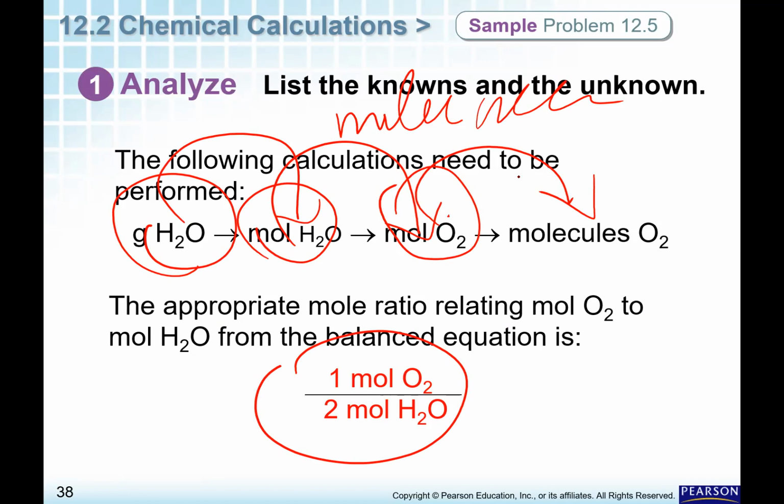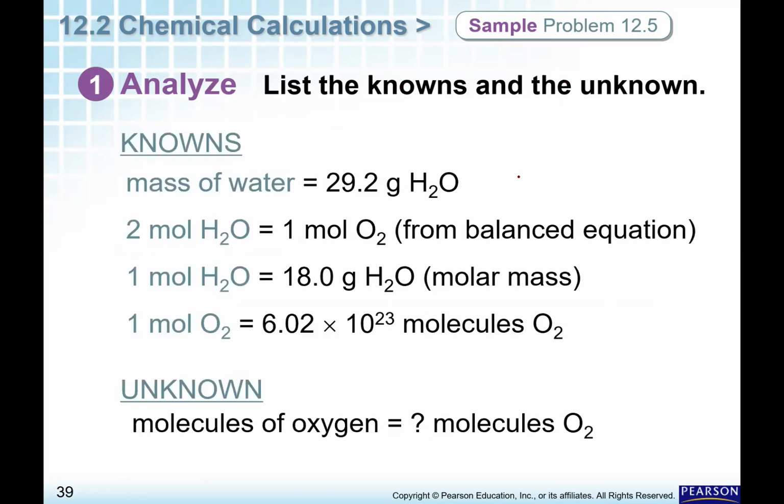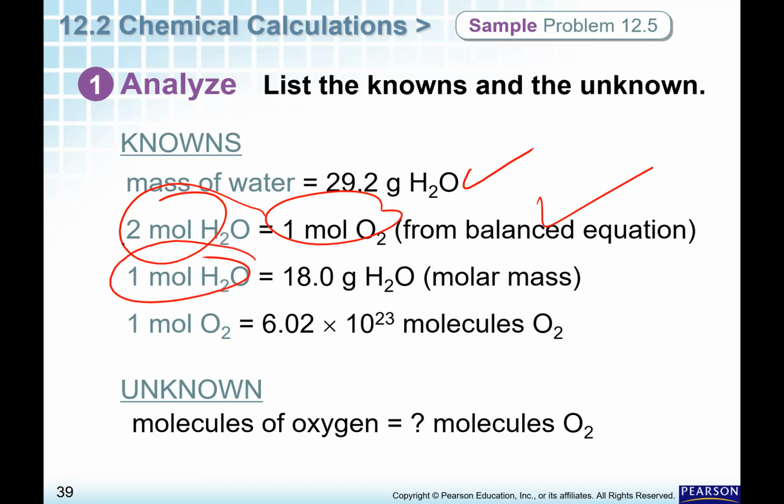So the information that is known to you is, first of all, that we have 29.2 grams of water. You know that 2 moles of water produces 1 mole of oxygen, as per the balanced equation. You know that the molar mass of water is 18 grams per mole, and that 1 mole of oxygen contains Avogadro's number of molecules.